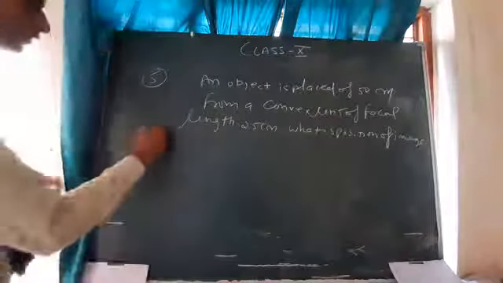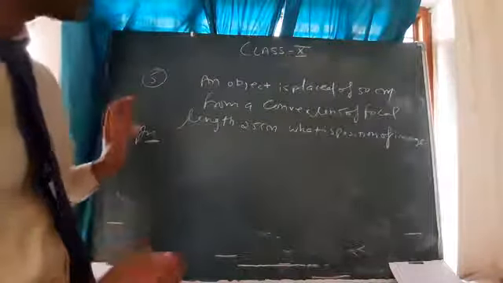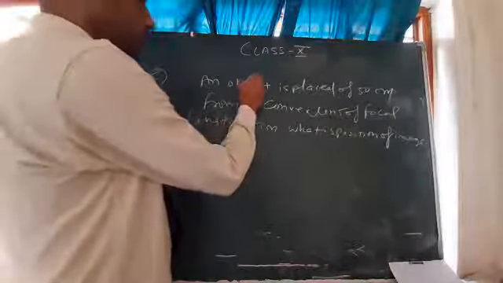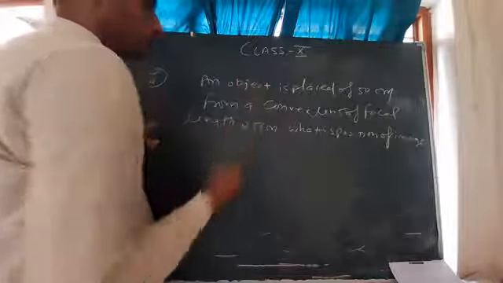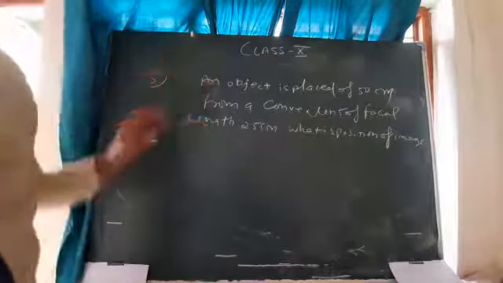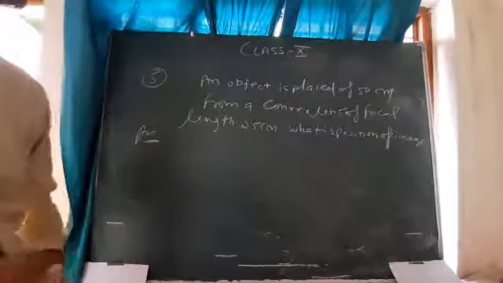So what is the position of the image? As you know, I have given videos on this type of numerical in my previous classes. So this is a very easy numerical.